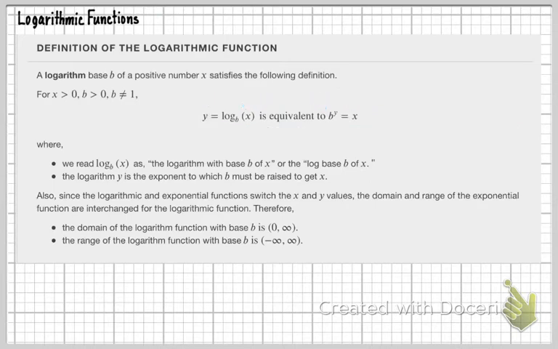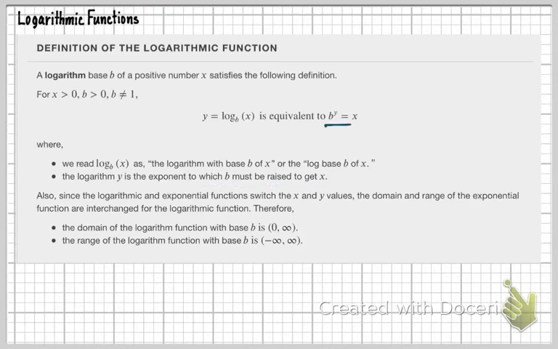Anyways, this says where we read log subscript b of x as the logarithm with base b of x, or log base b of x. And that's what I've been saying all along. That seems faster to say. Log base b of x. The next condition says the logarithm y is the exponent to which b must be raised to get x.